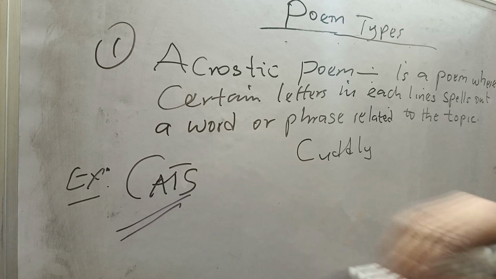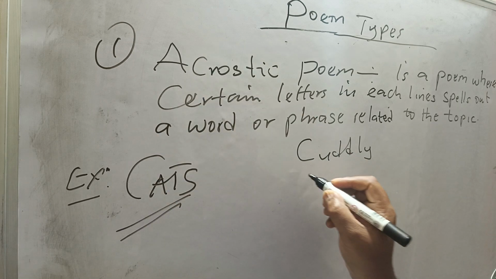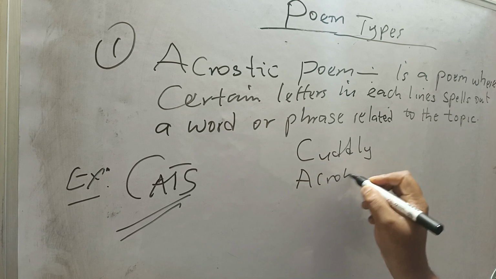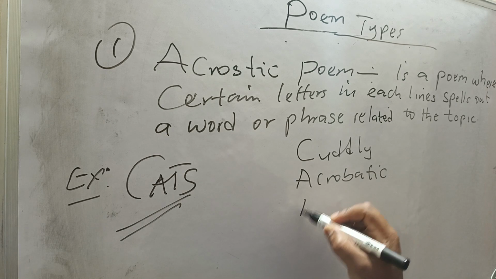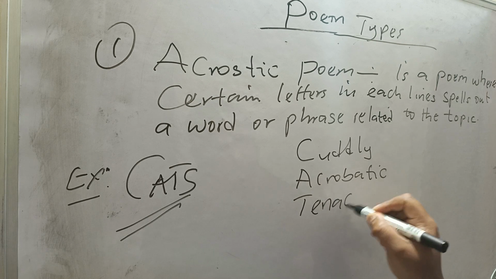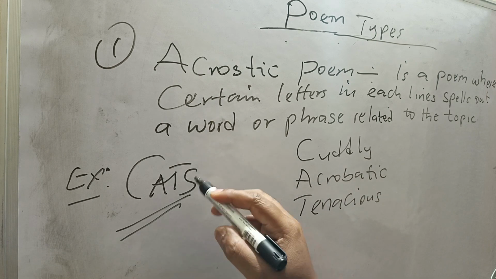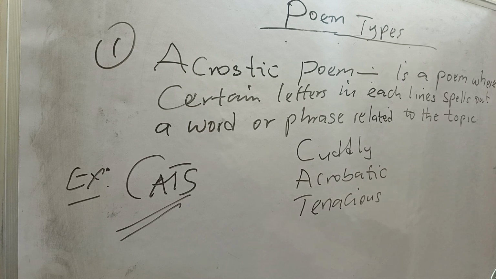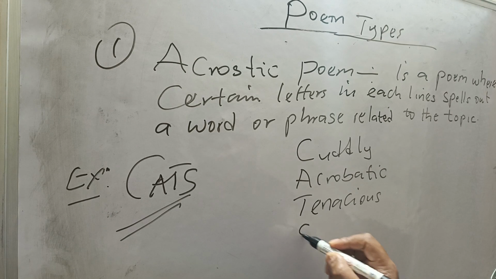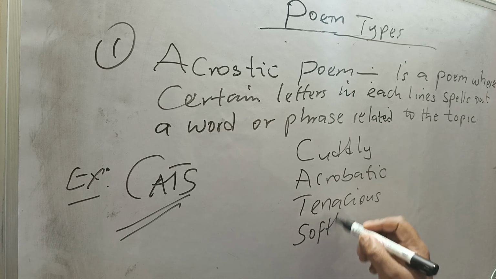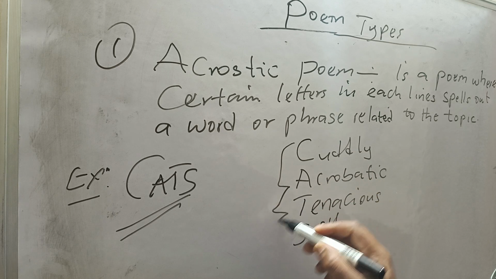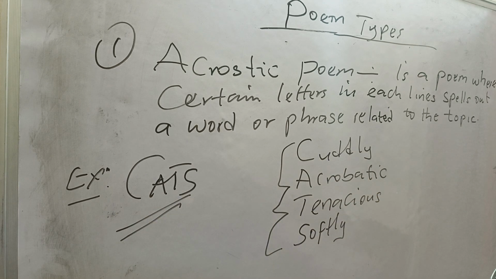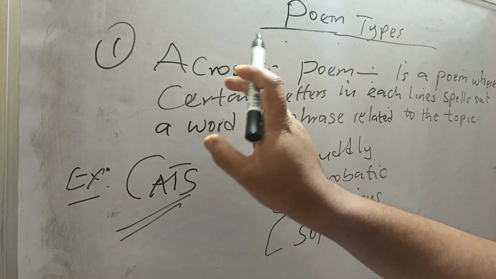Then for A, acrobatic. For the T, tenacious. Then for the S, softly. So you can see this spells cats.